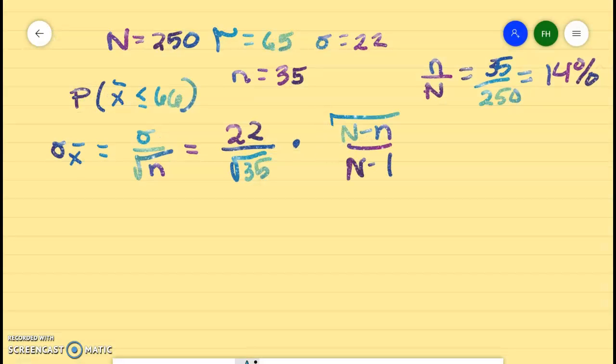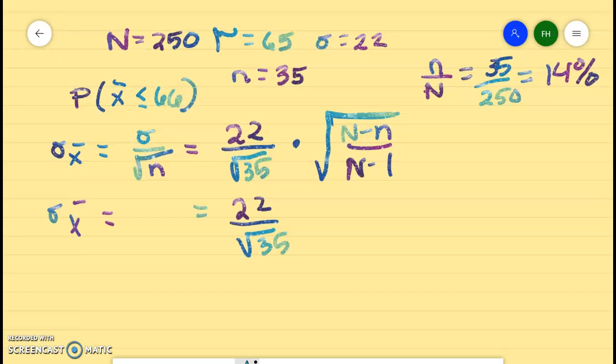Let me erase this little part. So that would be 22 over the square root of 35 times the square root of 250 minus 35 over 250 minus 1.